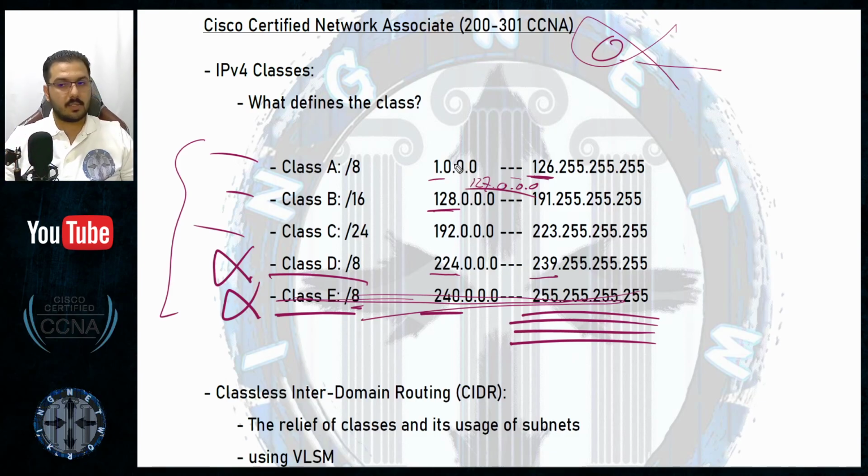Leave it. This is exception number two. Exception number three is not clear in the table. It's called the APIPA, automatic private IP addressing. It has the range of 169.254.0.0/16.